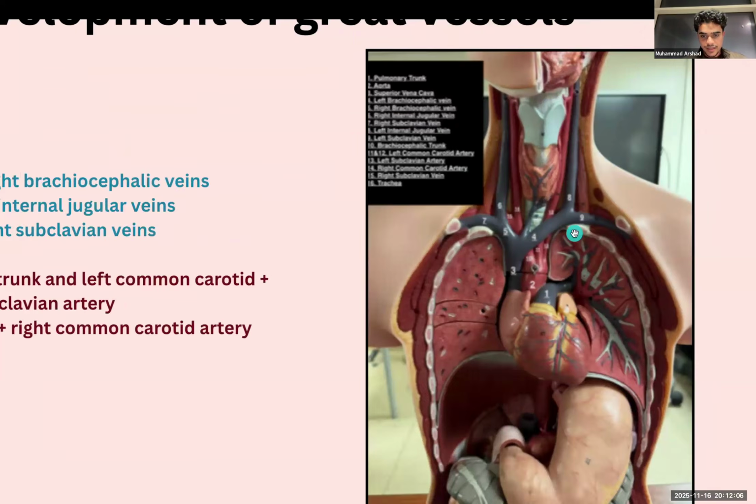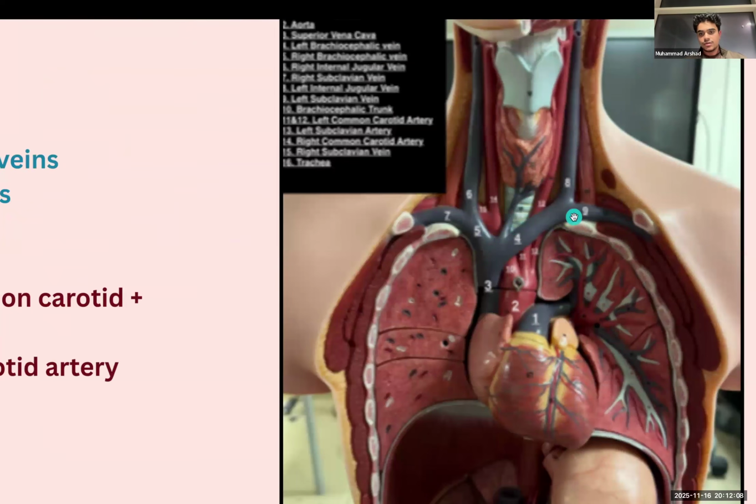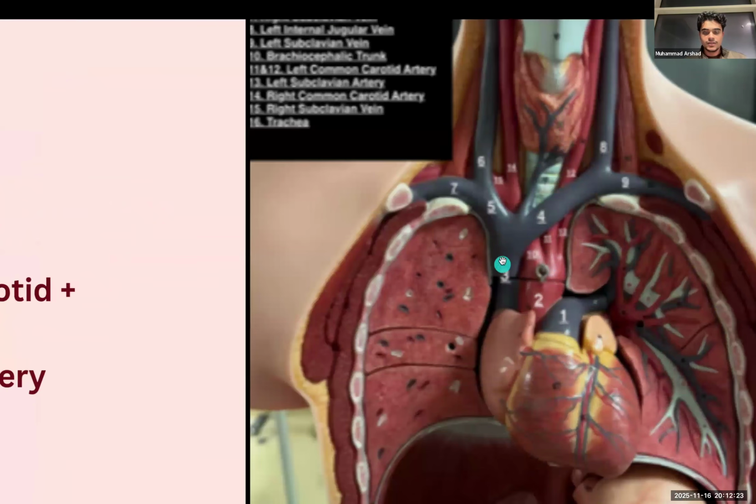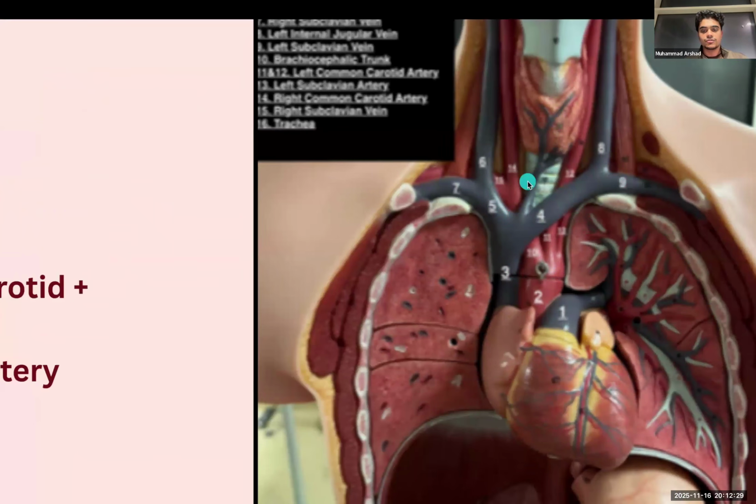And then those left and right brachiocephalic veins are going to continue into the right and left internal jugular veins, right? That's what these are. And right and left subclavian veins, which is what these are, right? So just to summarize again, you're going to start off with superior vena cava, right and left brachiocephalic, right and left subclavian, and then right and left internal jugular.